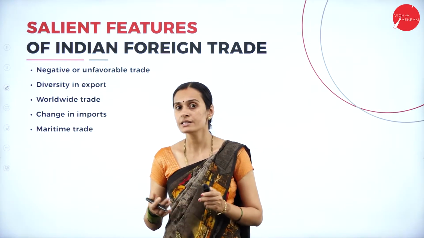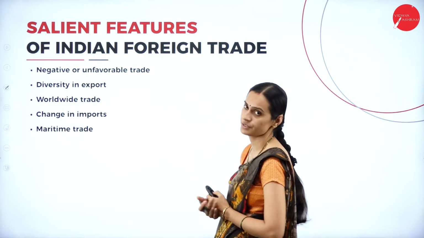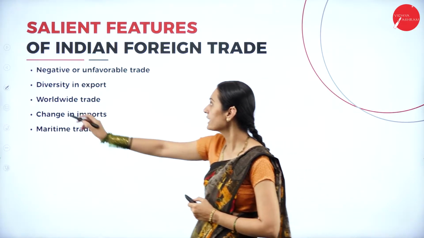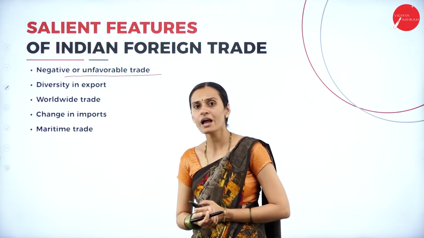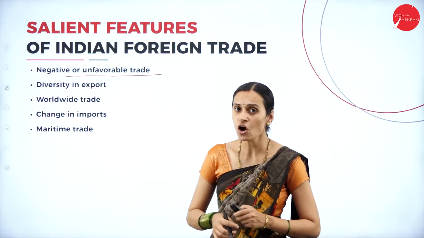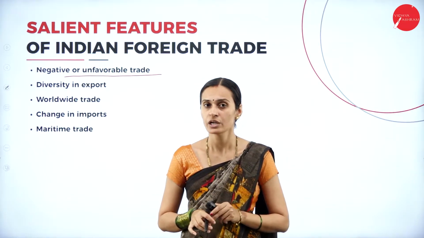Dear students, let us discuss the salient features of Indian foreign trade. First one, negative or unfavorable trade. As I already told, there was a long gap between the rate of imports and the rate of exports in our country.